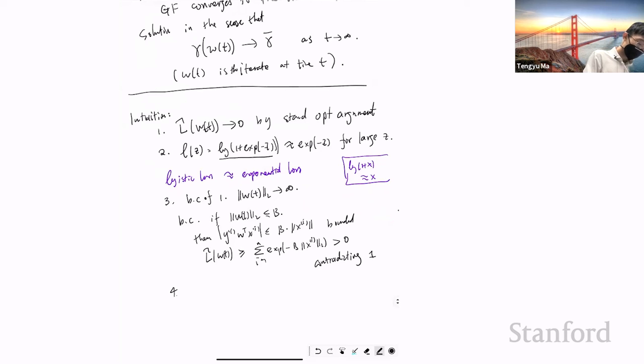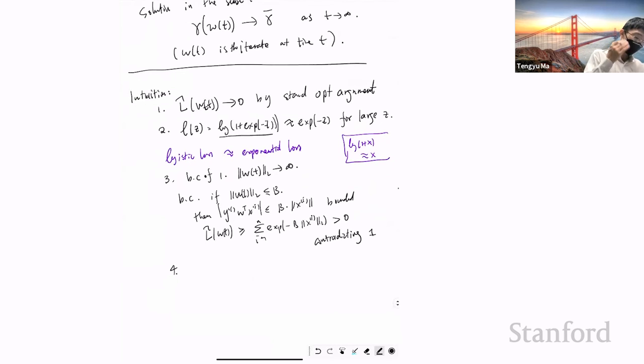So now it comes to the most important thing. With all of this preparation, we know that the norm goes to infinity, so let's look at the later regime where W_t is really big. Suppose the norm of W is really big.